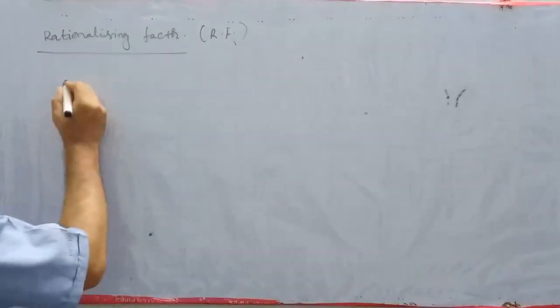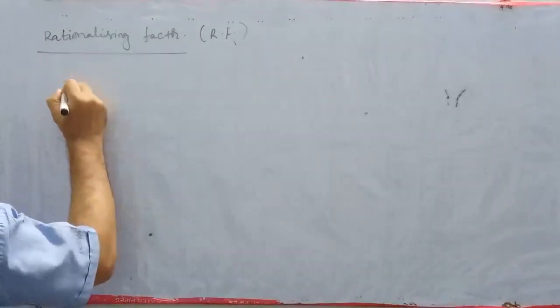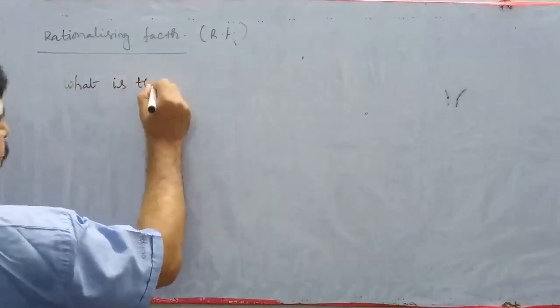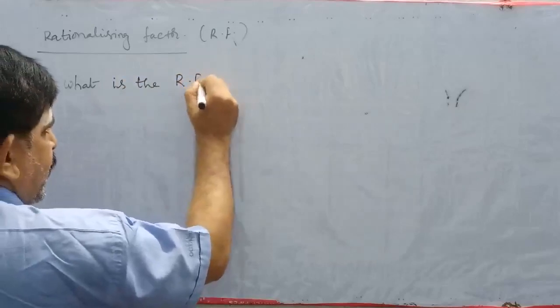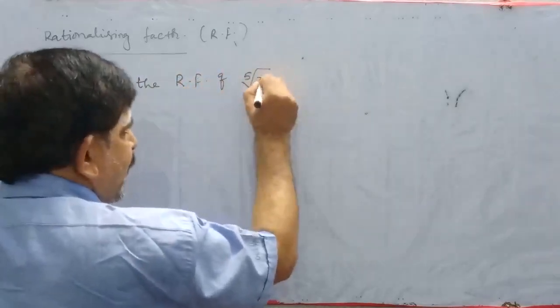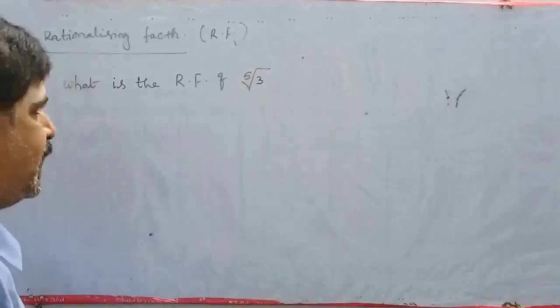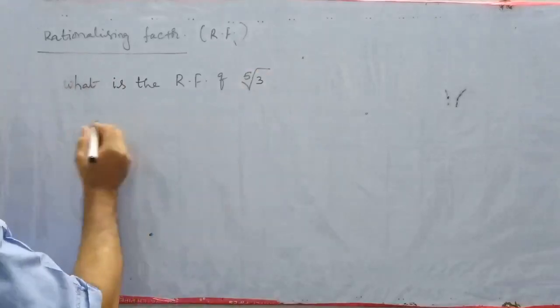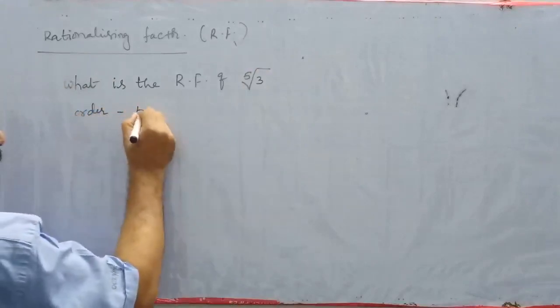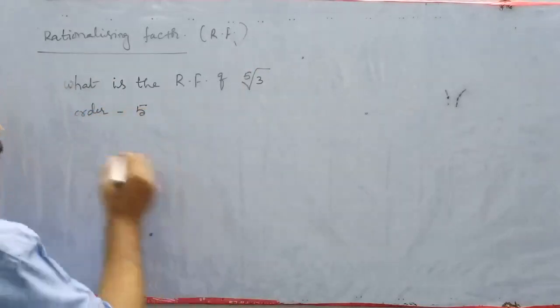Next one. What is the rationalizing factor of fifth root of 3? Okay, fifth root of 3. See, what is the order? Order is 5.